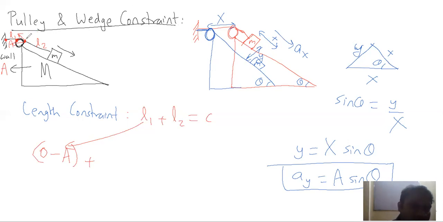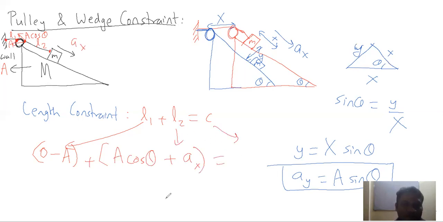This is A cos theta, which is the component in this direction. Now this leads to an increase in length of L2, so we will have plus A cos theta. Then this point here is moving with acceleration AX in downward direction, so plus AX. So this is about L2.